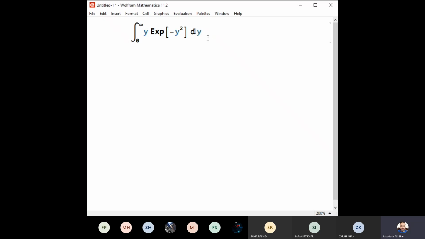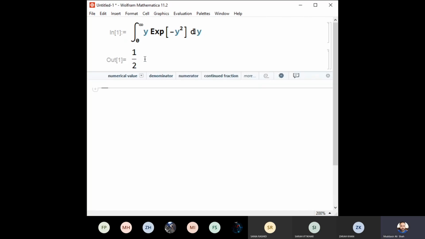Let's see what it will give me. Y exponential minus y square gives me 1/2.